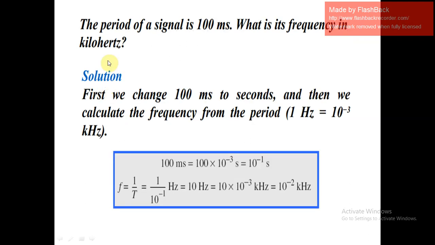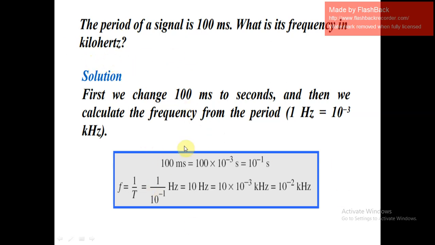Let us have one simple problem related to frequency and time calculation. If the time period of the signal is given as 100 millisecond, we need to calculate the frequency. We have dealt with these types of normal problems in earlier classes, but this is to recap.